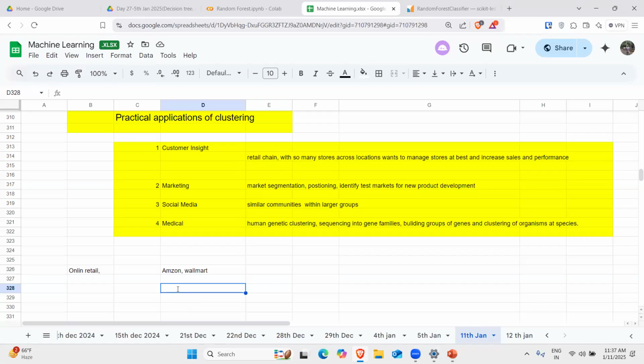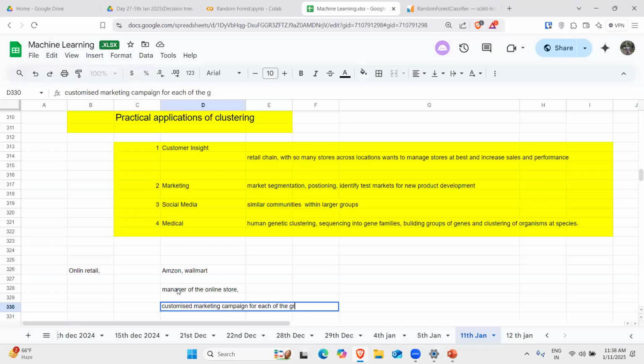Let's say you are working as a manager of the online store. You would want to group the customers into different clusters so that you can make a customized marketing campaign for each of the groups.